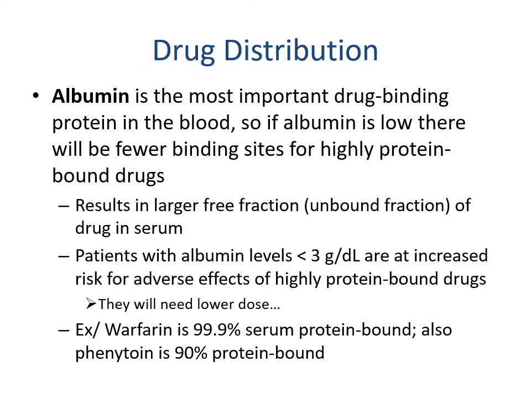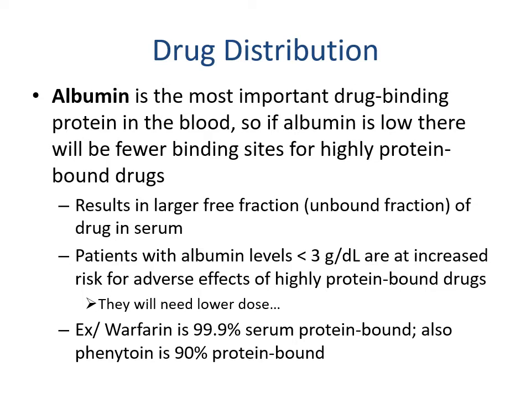So patients with albumin levels less than 3 grams per deciliter are at an increased risk for adverse effects of highly protein-bound drugs. Because the drug has no protein to bind within the blood, the drug will work too well or will cause additional side effects. So the patients would need a lower dose.